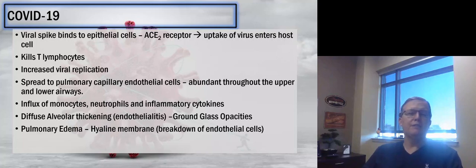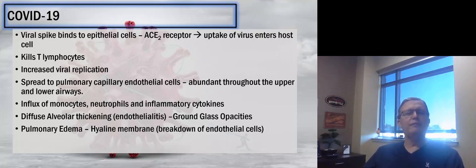So now the virus is free to multiply and produce the infection. It also explains why there can be so many manifestations, because there are lots of cells throughout the body that have ACE2 receptor sites on them.